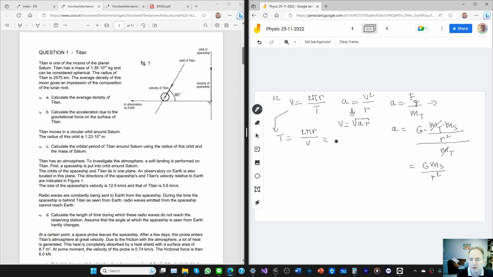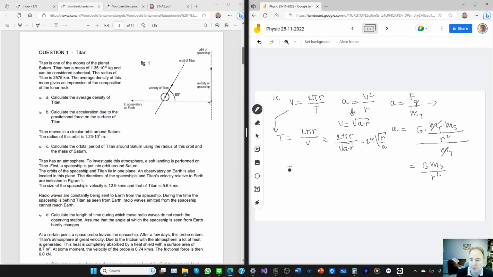So this is just equal to 2 pi r divided by the square root of a times r. And we can just write it as 2 pi times the square root of r divided by a. All right. This is r divided by the square root of r, which is the square root of r.